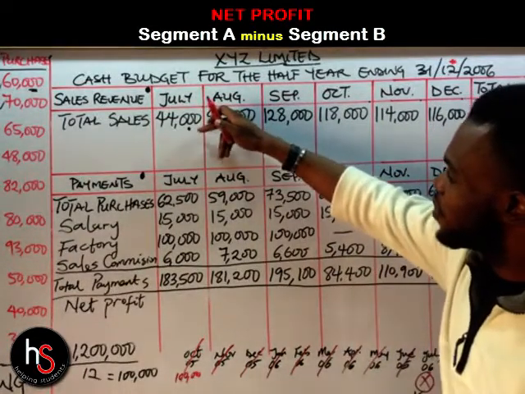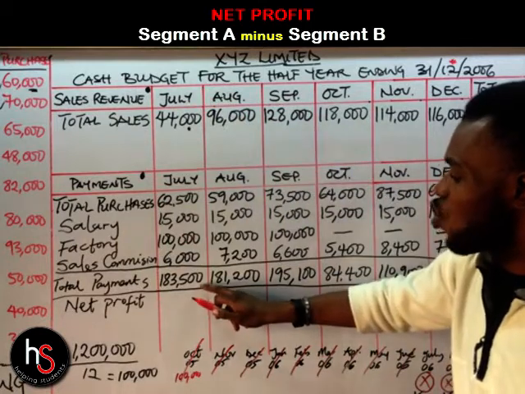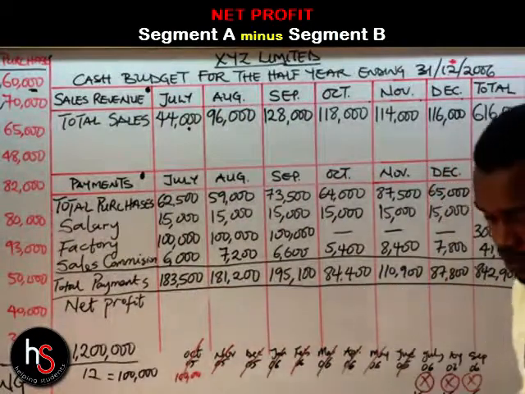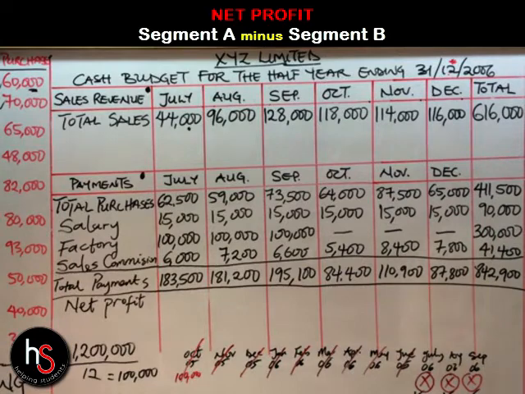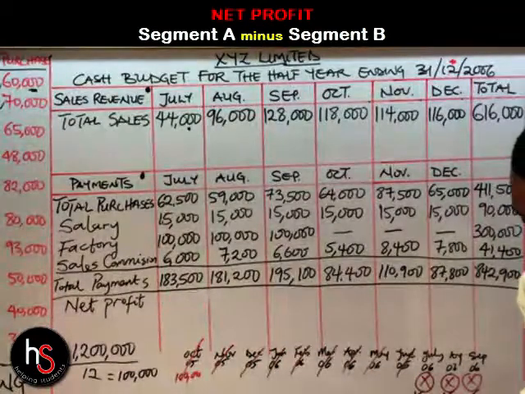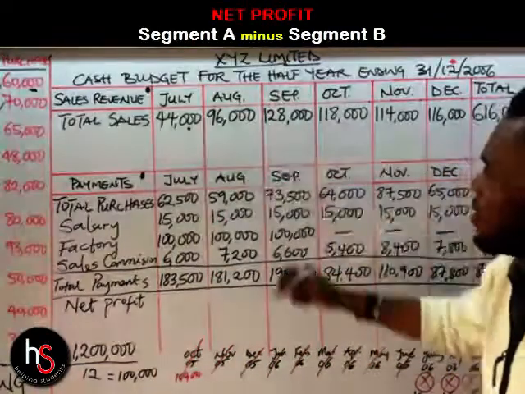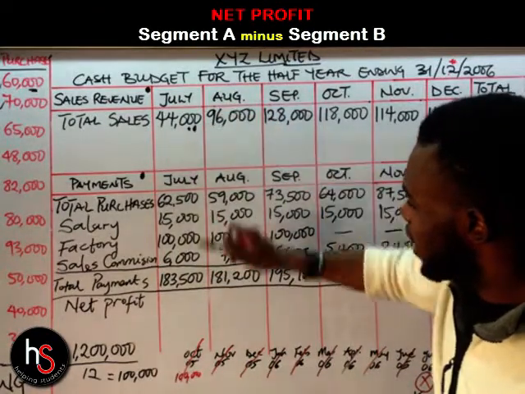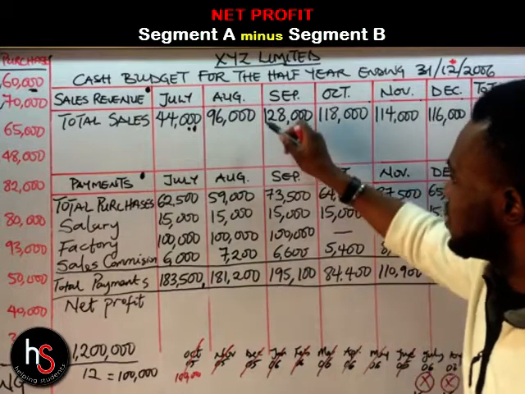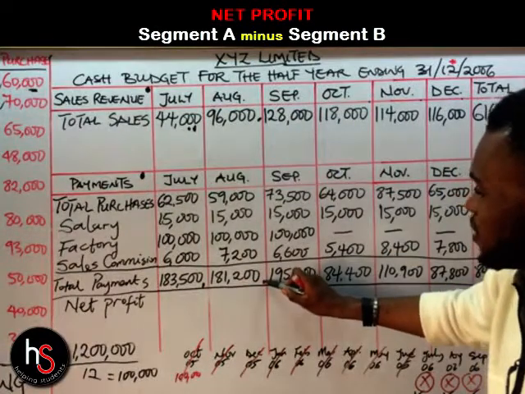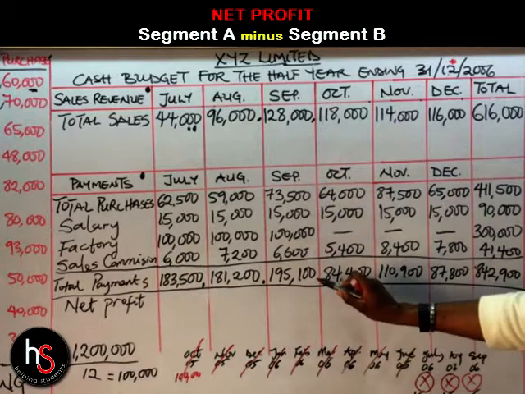So we're going to say 44,000 minus 183,500. Once we subtract these two values, remember, segment A minus segment B.